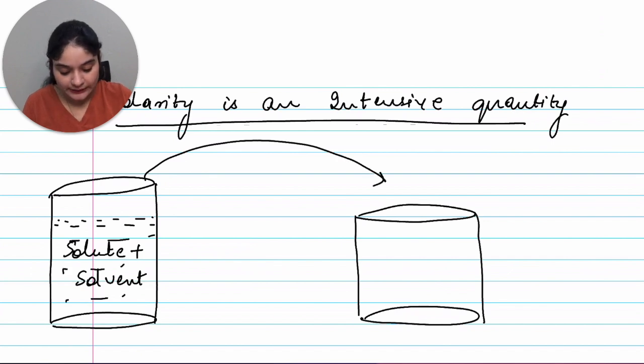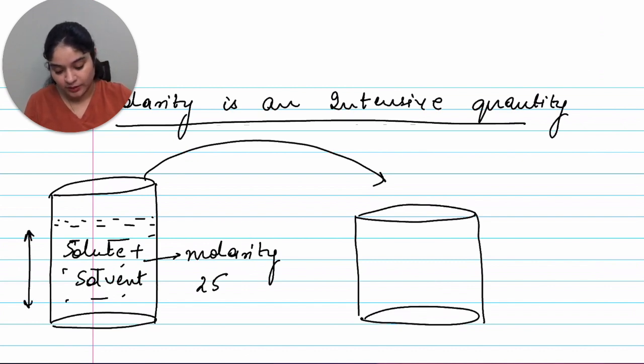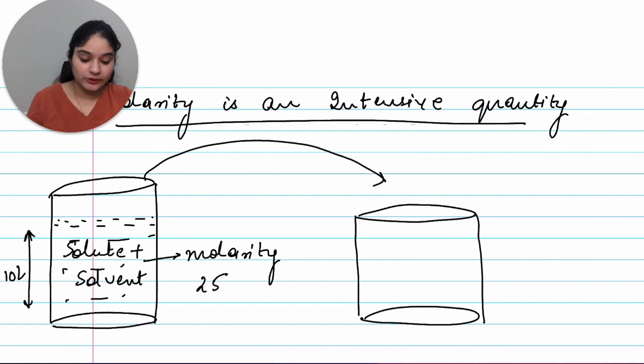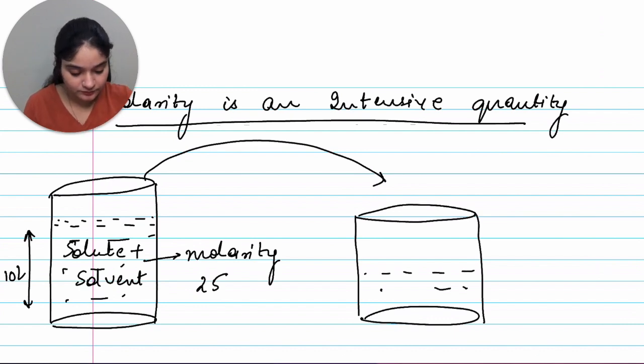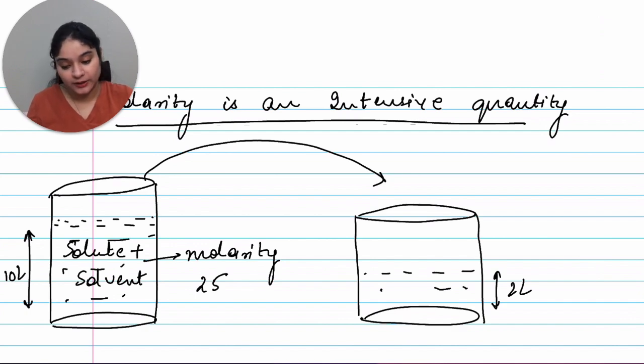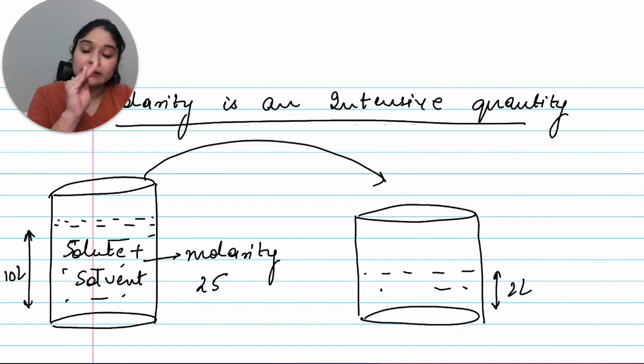Let's say the molarity of this particular solution was 25. Let's say this was 10 liters and you transferred 2 liters here. Now the question that you may get would be, what is the molarity of this 2 liters of solution?